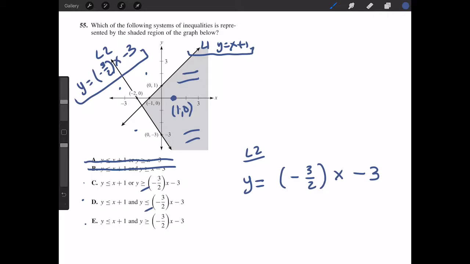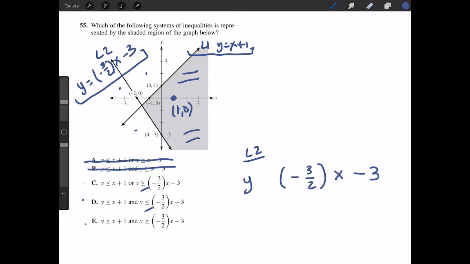Well, when you have systems of inequalities, you will typically encounter that. It means that essentially you want to graph all of the points that satisfy that condition. And we just need to know if the relationship symbol for this graph should be greater or equal, or if it should be less than or equal to.